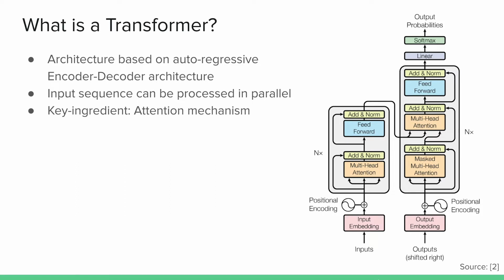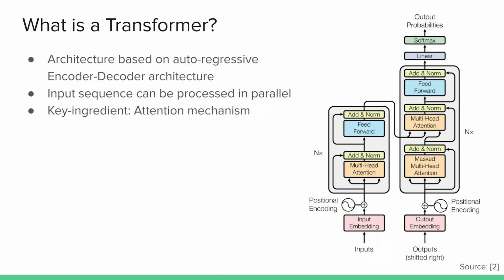A transformer is an architecture that is based on an autoregressive encoder-decoder architecture. And you already see that this encoder-decoder idea sticks with us for a long time, because it's a really interesting and powerful idea to process something into a different representation that is more efficient and then generate something else out of it.